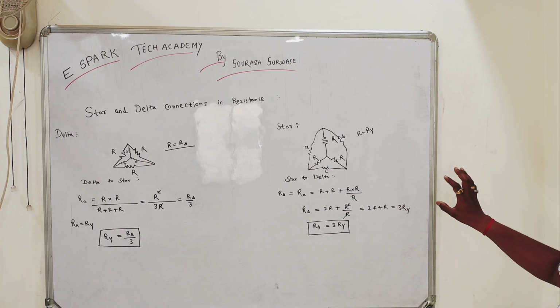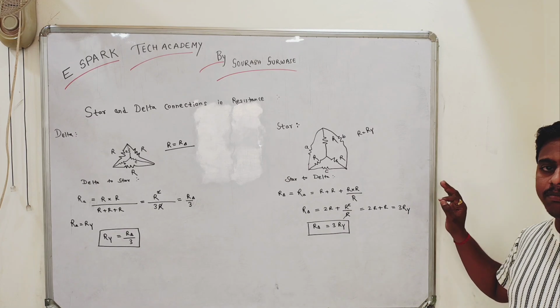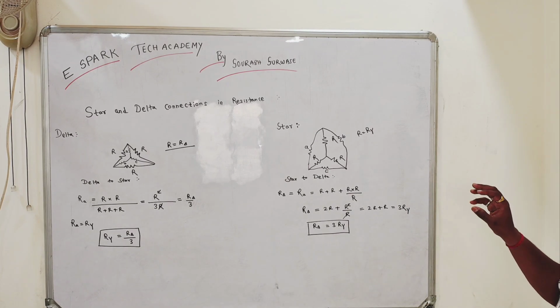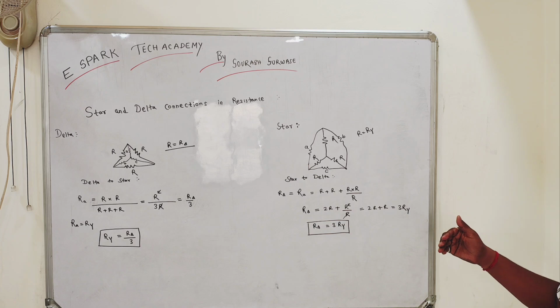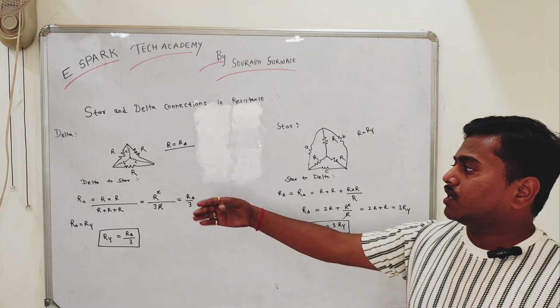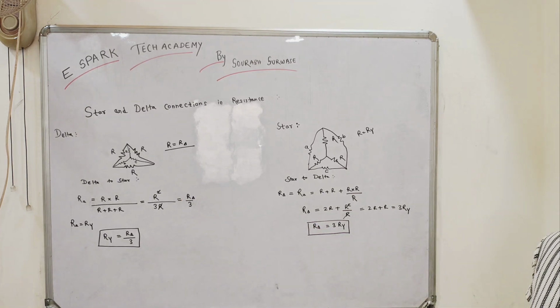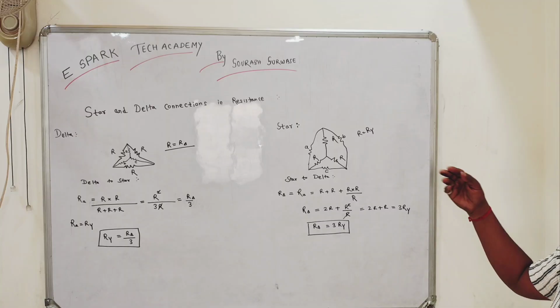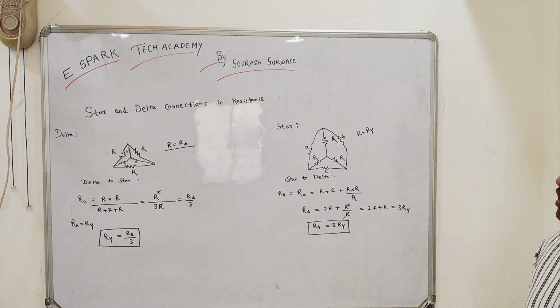This will be very helpful to you for competitive exams, because many times in word problems they will give you a resistor in star and tell you to calculate in delta.